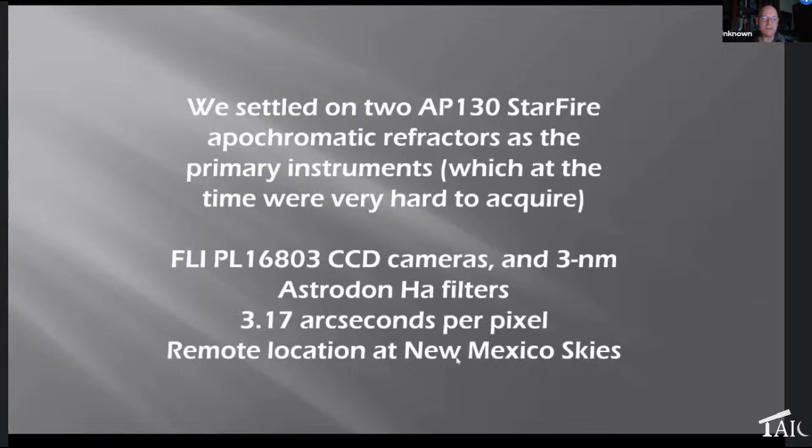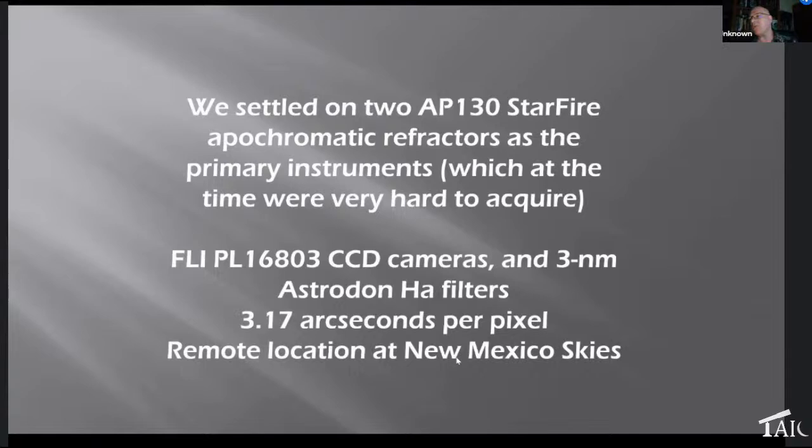Our resolution is about 3.17 arc seconds per pixel. I forgot to mention that we customized the telescopes so that they weren't using the field flatteners the way that Roland had initially intended, because the telescopes and flatteners weren't initially spec'd for that large of a chip once again.